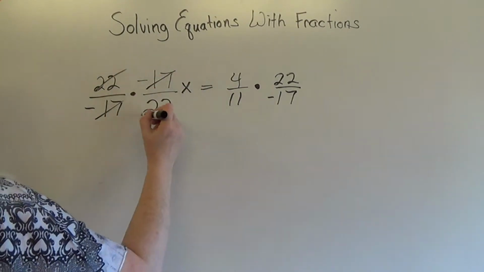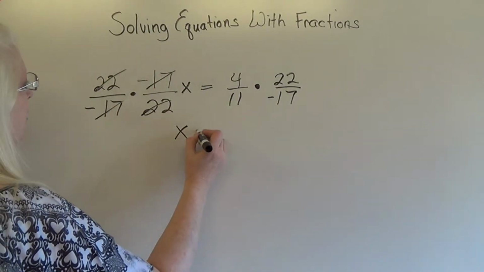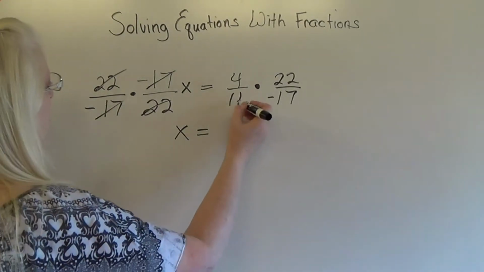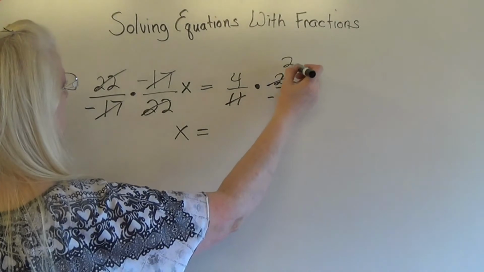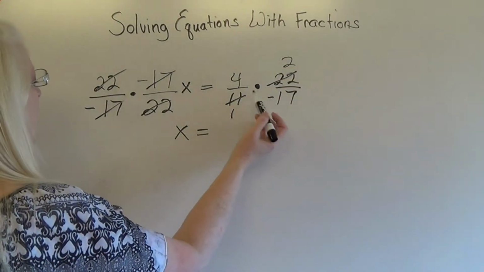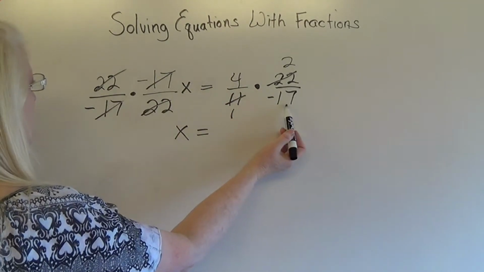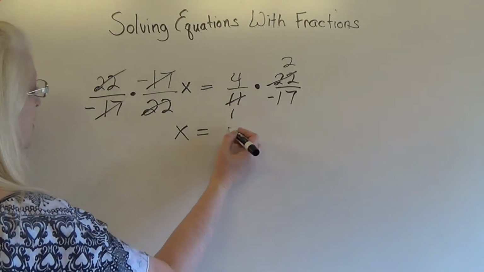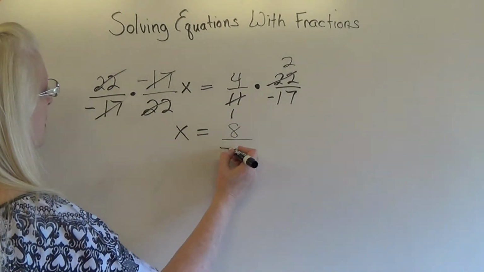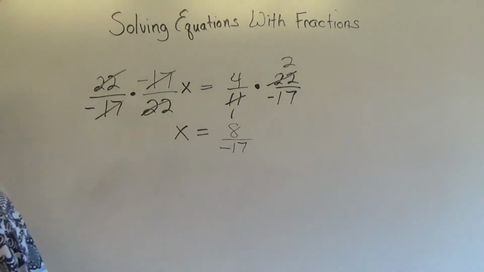These all cancel out and become x. And then now I'm going to look for cross simplification, cross cancellation. So 11 goes into 22 2 times. And then I can't do anything with the 4 and the 17. So 4 times 2 is 8. And then 1 times -17 is -17. And that's the answer to that one.